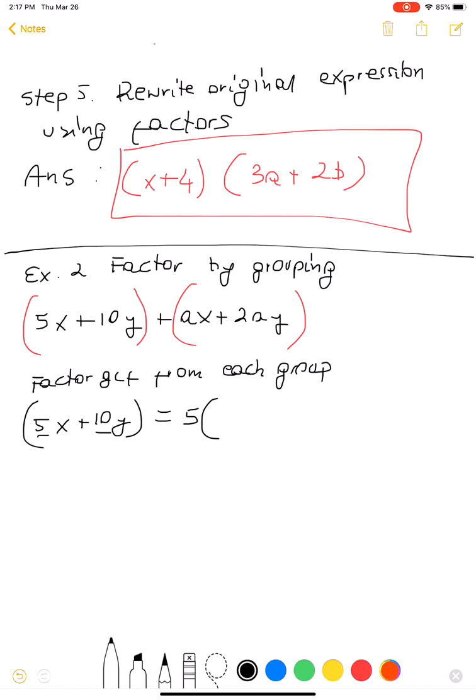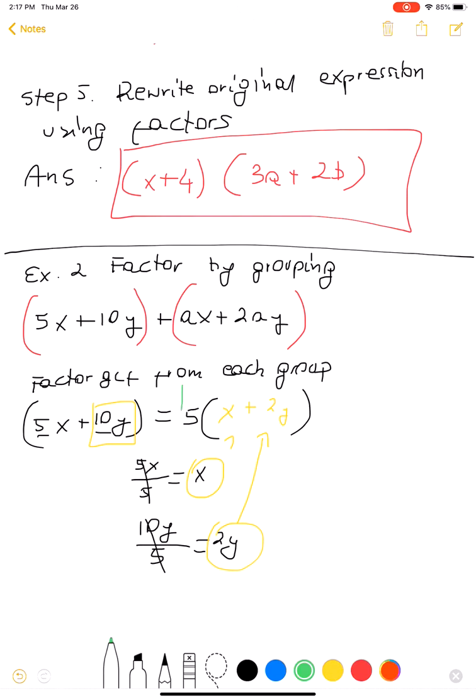So we're taking 5x, we divide by 5, that will give you x. And this x goes right here. And you're taking 10y, and you divide by the GCF, which is 5. That will give you 2y. And that 2y goes over there. Okay, save that.